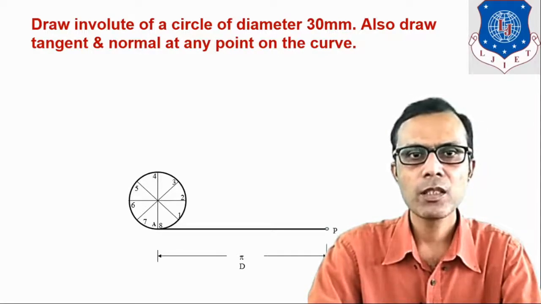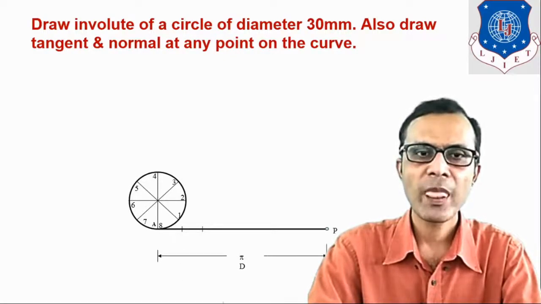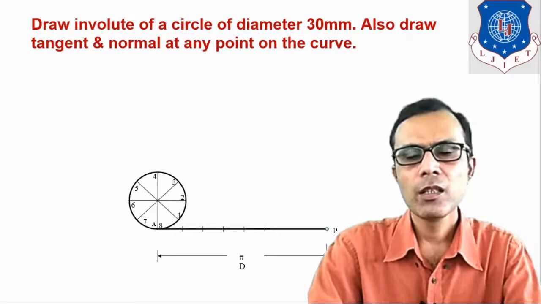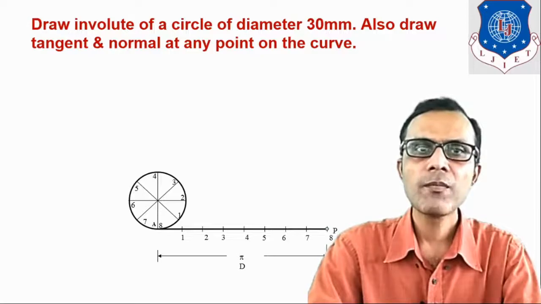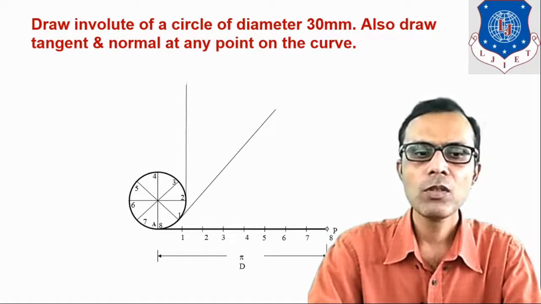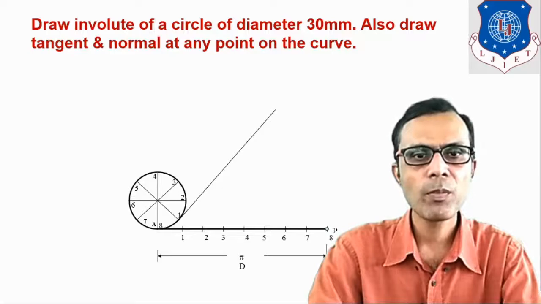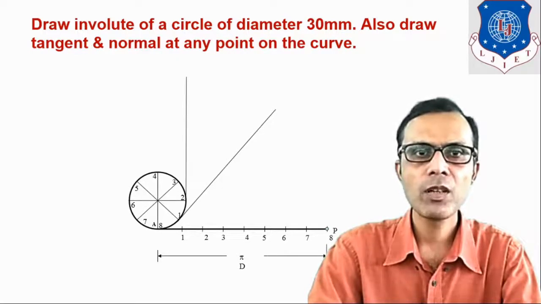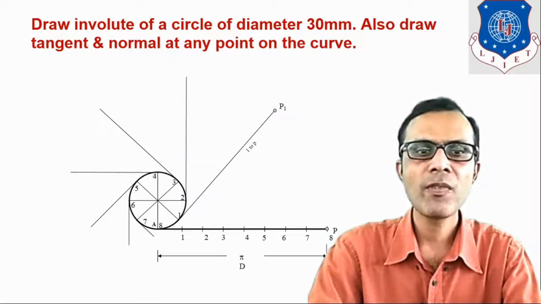As we have divided the circumference into 8 parts, we also divide the length pi d into 8 equal divisions. Now draw the tangent from each and every point of the circumference. So division numbers 1, 2, 3, 4, 5, 6, 7. These are the different positions of the string.